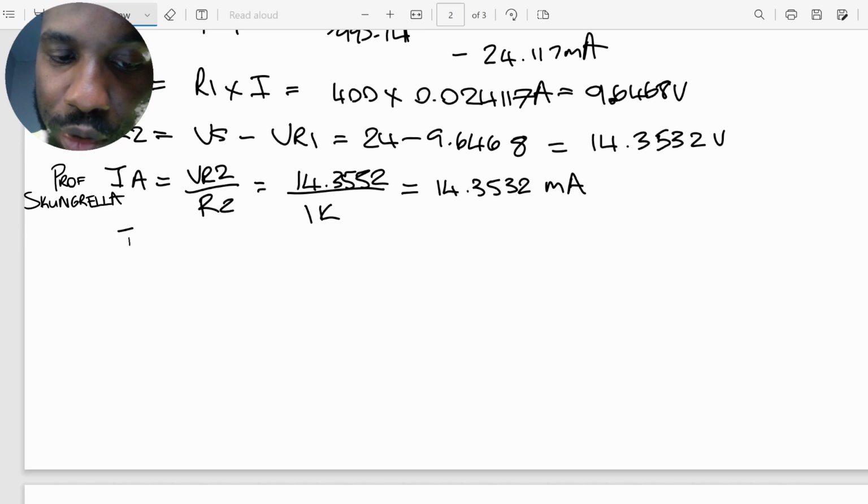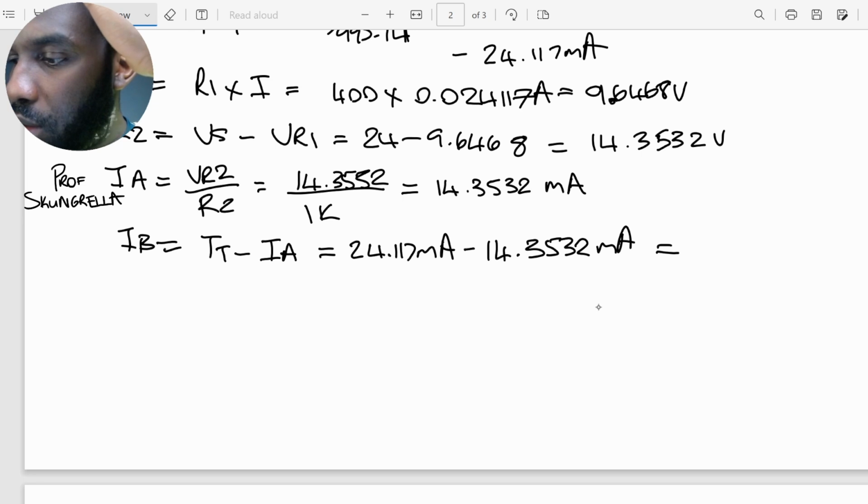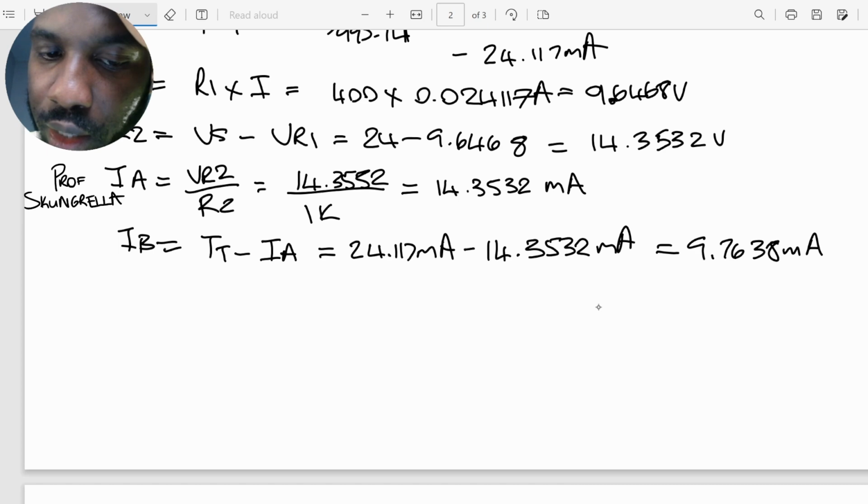So IB, this is Kirchhoff's current law, is equal to IT minus IA, which is 24.117 milliamps minus 14.3532 milliamps, which gives us 9.7638 milliamps, right? So this is the current in IB.